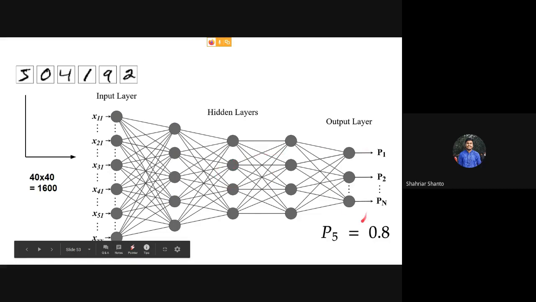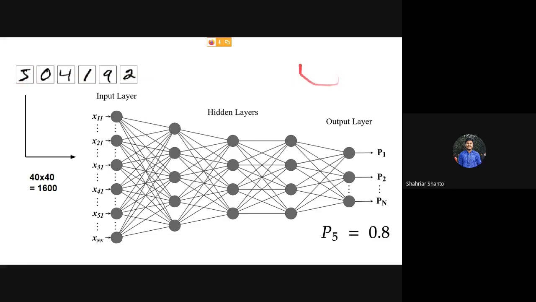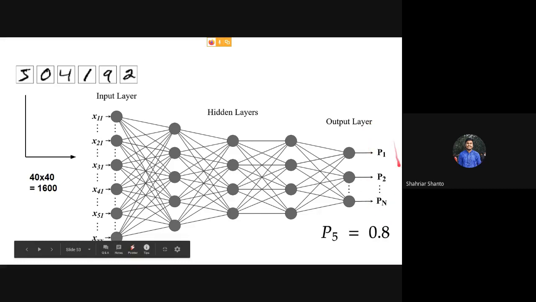The output layer will have a number of neurons equal to the number of classes we want to classify. We want to detect in this example what this digit is. There are 10 digits, so we would have 10 output neurons in the output layer.